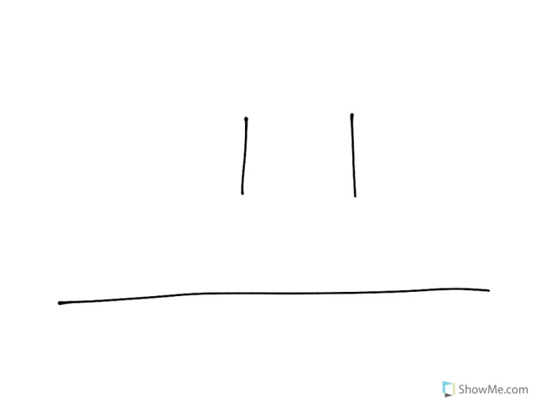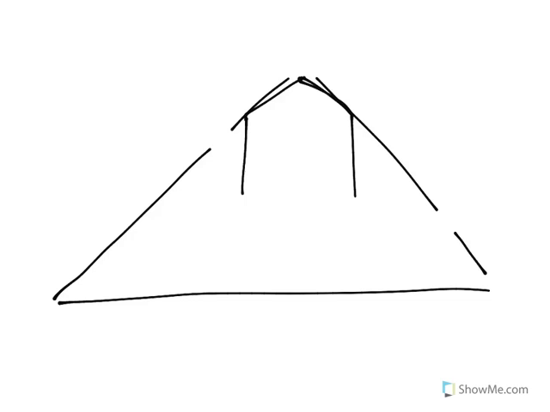Also, if you want the same shape but from a different angle, again you can have your real or imaginary horizon line and your square like this, and then you can have the lines that go up like this to create the shape it needs to be, and like this.